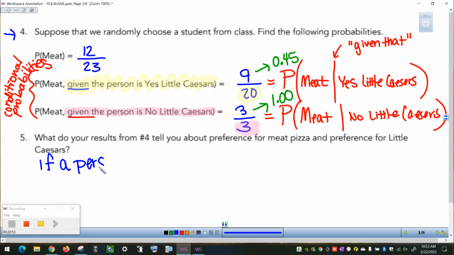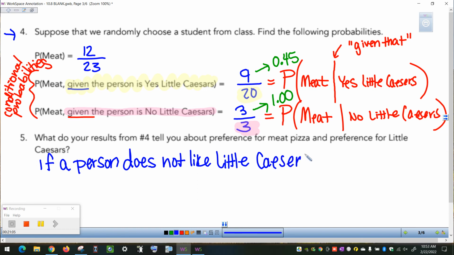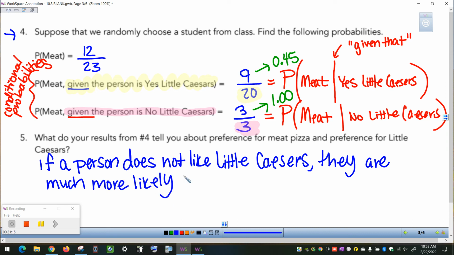So let's see if we can put that here into a sentence. Something that we're noticing here is that if a person does not like Little Caesars, they are much more likely to prefer meat pizza.